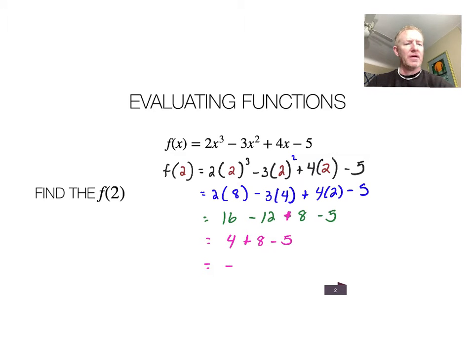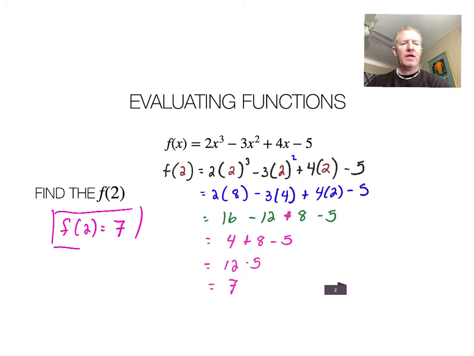Make sure we do our math correctly here. So 4 plus 8 is 12 minus 5, and we get 7. And so we would state f of 2 is equal to 7. You can see that we get this nice inverted triangle, simplifying f of 2 from this complicated expression down to a single number. f of 2 is 7.